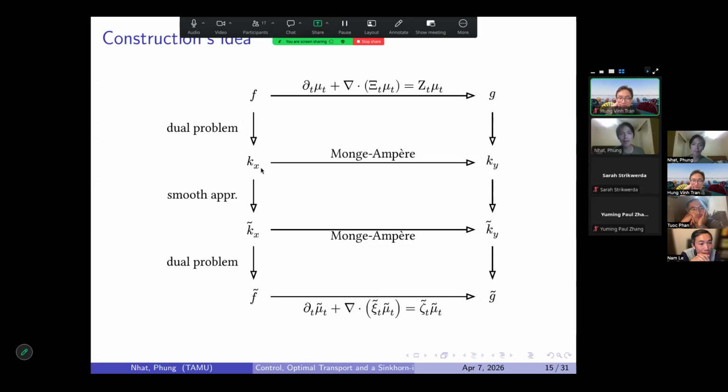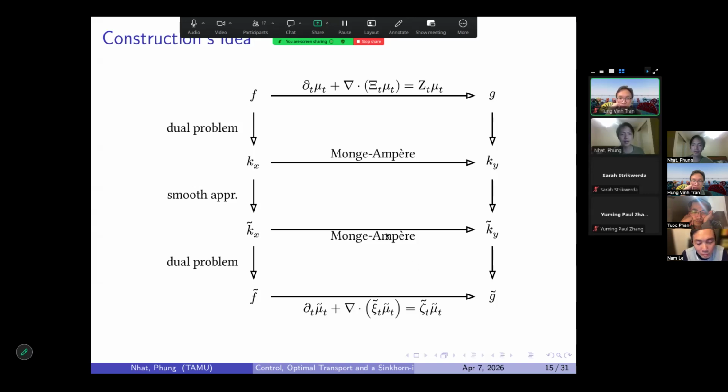We have a solution for the dual problem from the optimal transport problem, and then we might have some smooth approximation using a mollifier, and then we go backward with the dual problem. So we have approximations for F and G. For the dual problem, we can solve it with Monge-Ampere, and then we use the Monge-Ampere solution to construct the specific vector field here.